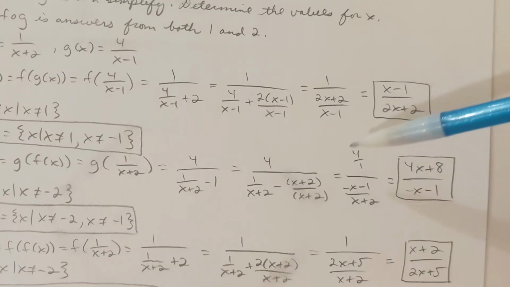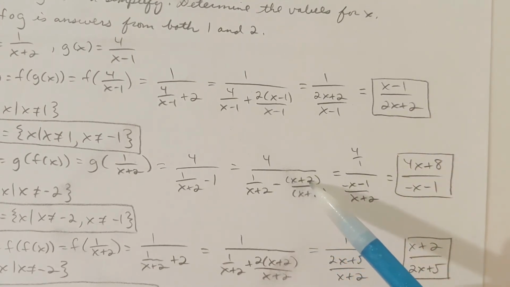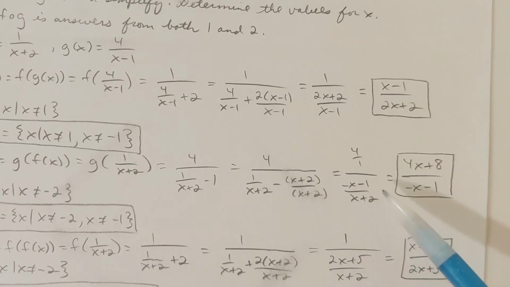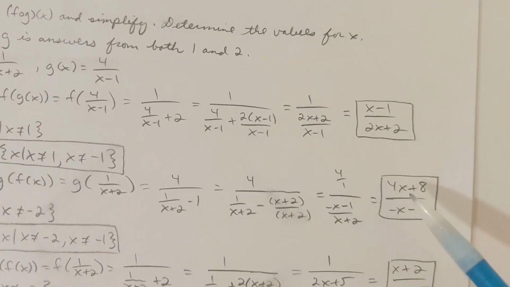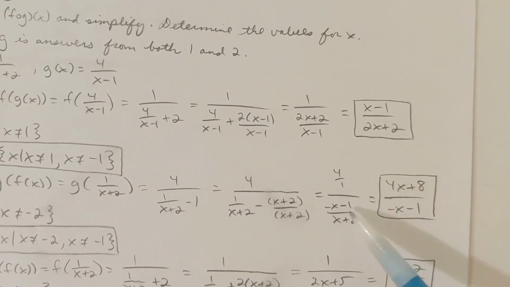Okay, and 4 is the same as 4 over 1. 1 minus x minus 2. 1 minus 2 is negative 1. I got the negative x there. Negative x minus 1 divided by x plus 2. And I'm going to flip that. So I get 4x plus 8 divided by 1 times negative x minus 1.